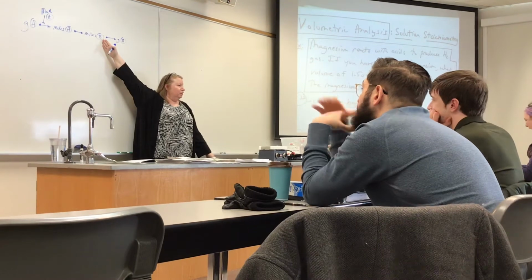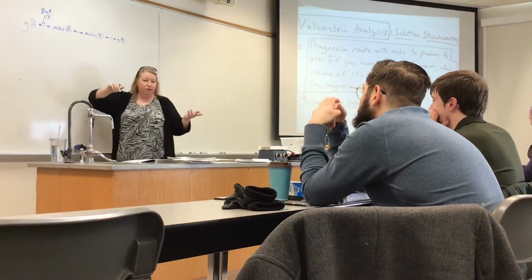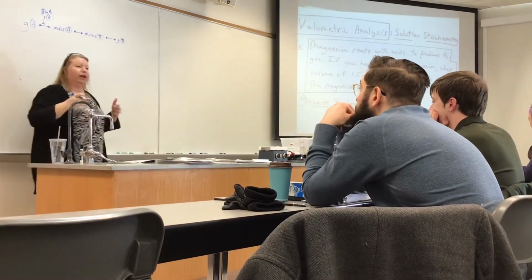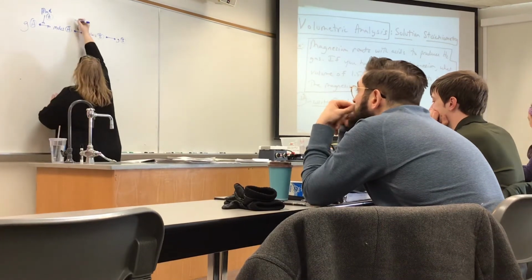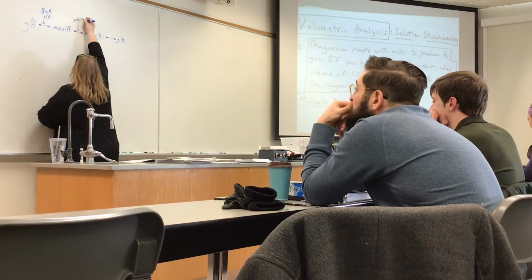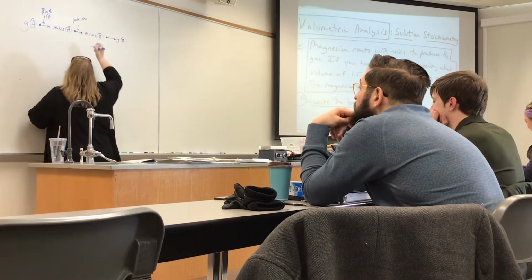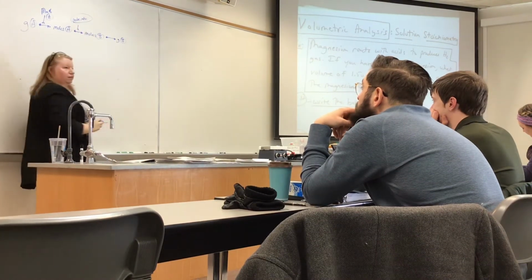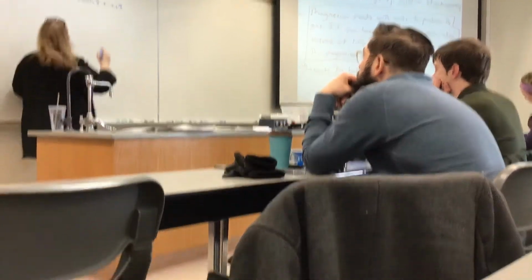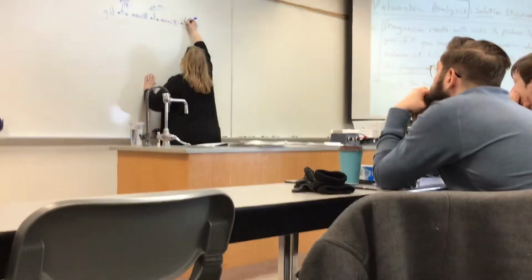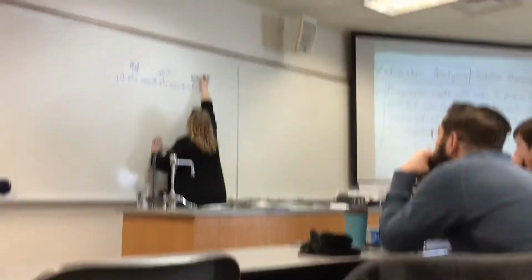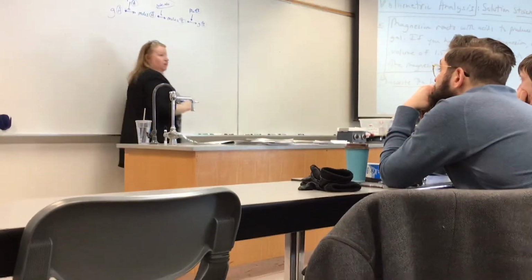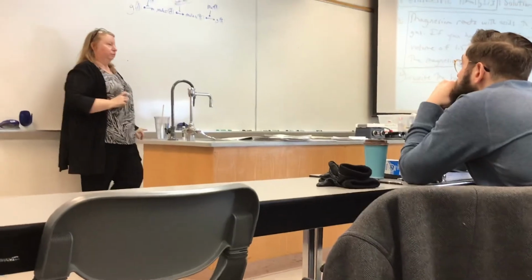The mole ratio from the balanced equation. Hopefully everyone in the room is going, yeah, I know that. I'll put mole ratio, A and B. Can you read that okay, people in the back? And how do I go from moles of B to grams of B again? Molar mass of B. That part's not new.